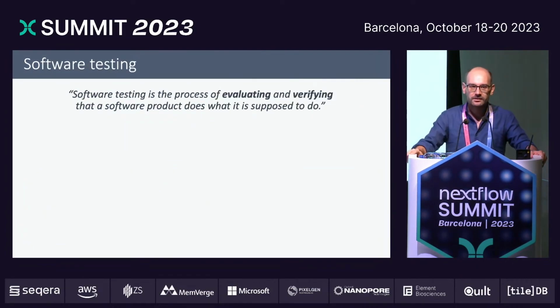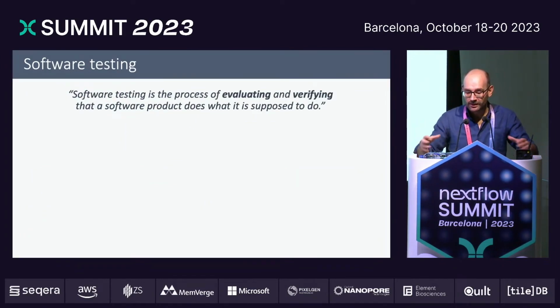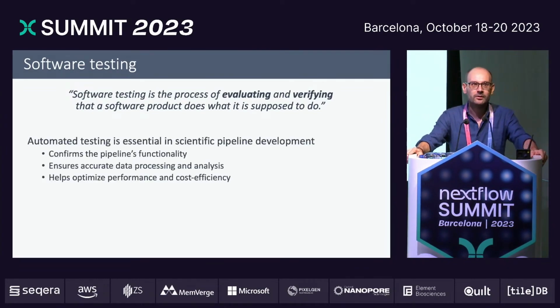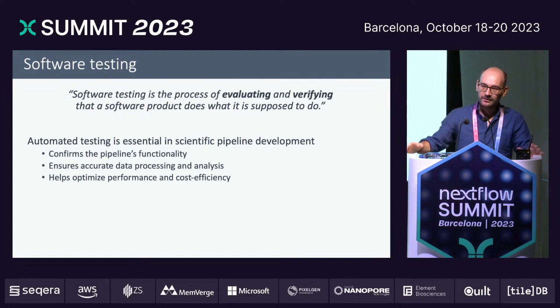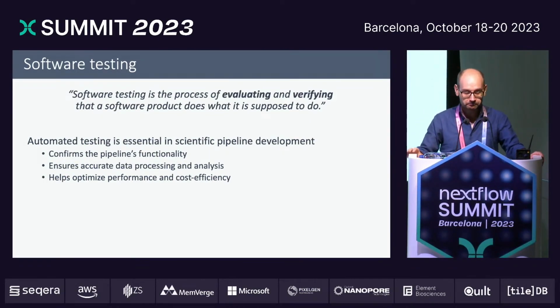Software testing is the process of evaluating and verifying a software product or a pipeline so that we can ensure that it does what it is supposed to do. Automated testing is essential for scientific pipeline development because it confirms the pipeline's functionality, it ensures accurate processing and data analysis, and it helps us also to optimize performance and cost efficiency.